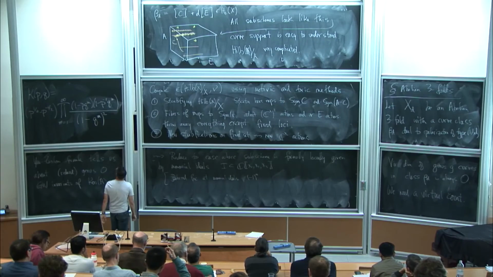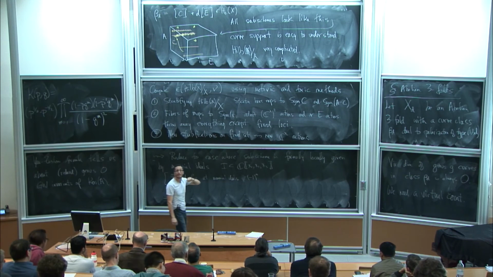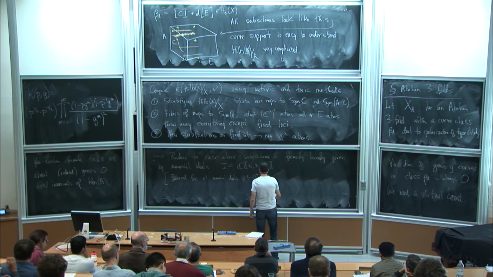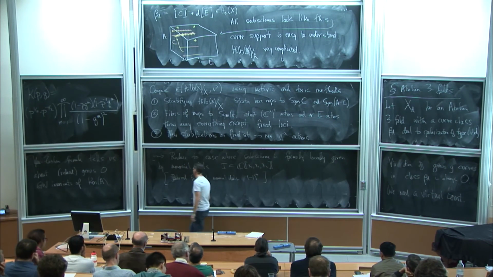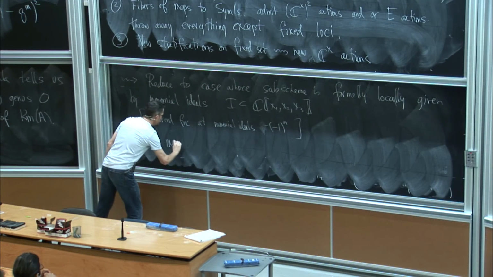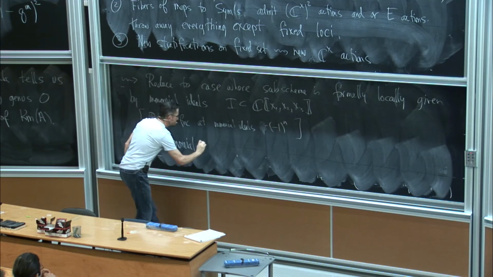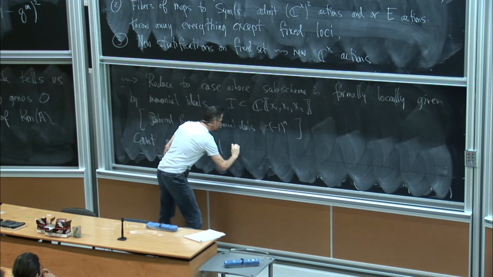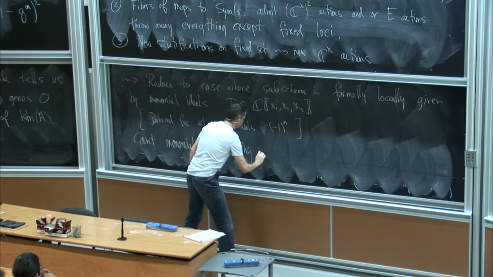I've erased the theorem, but that's why I had a minus to the p there. And now we can count monomial ideals using the topological vertex.